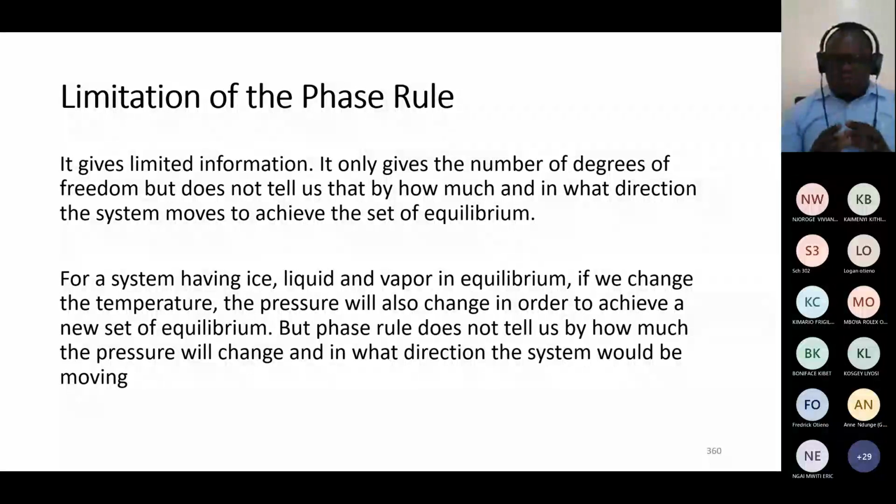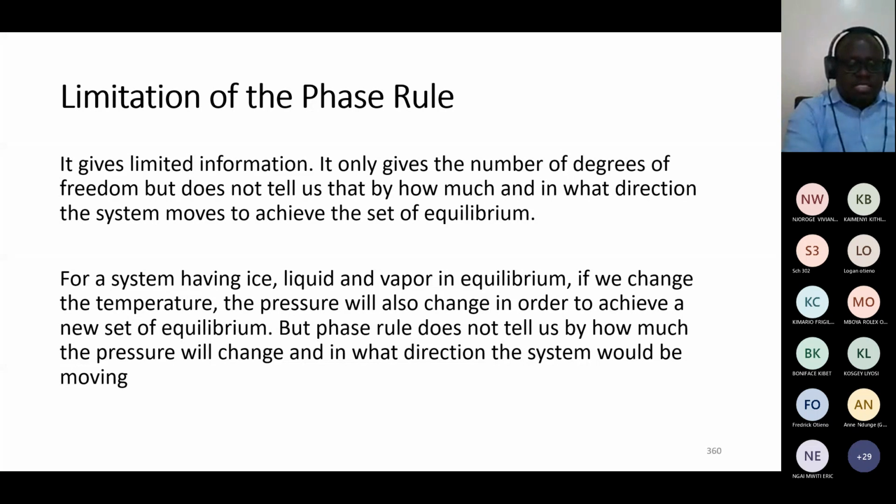So we said for a triple point there are 0 degrees of freedom. That is where you have 3 phases. Then you have 0 degrees of freedom. That means the 2 variables, temperature and pressure, are both fixed. If you change one, the other one also has to change, or else the equilibrium has been destroyed.